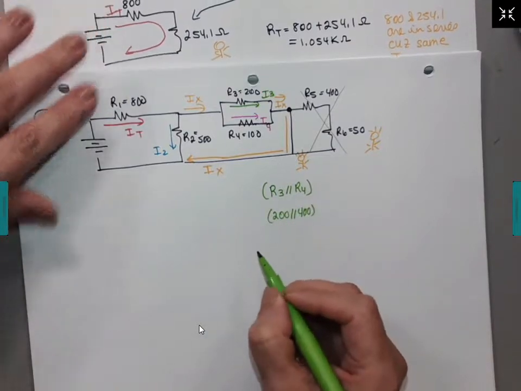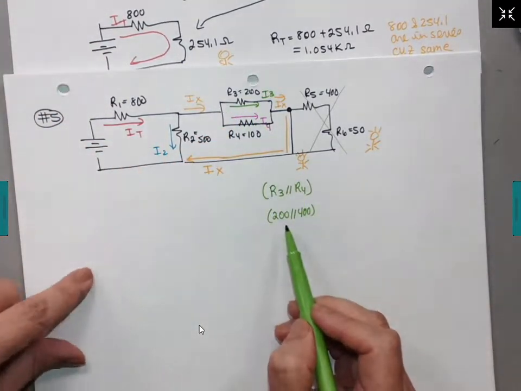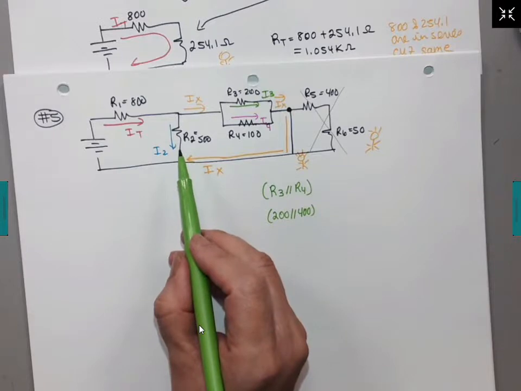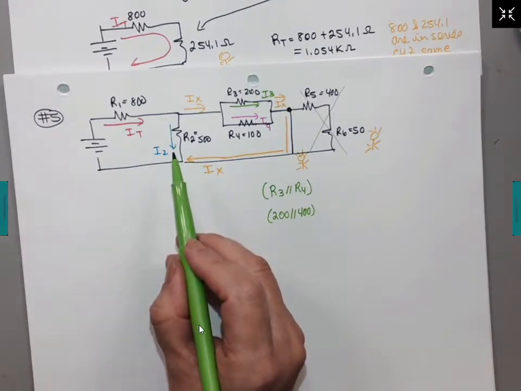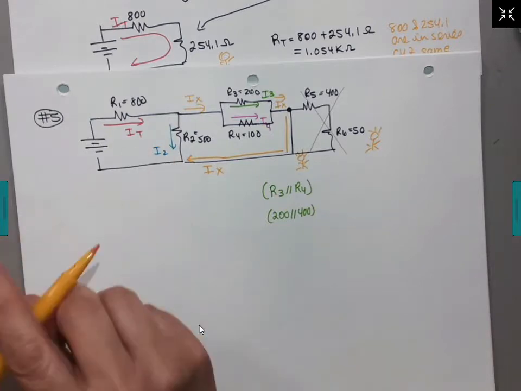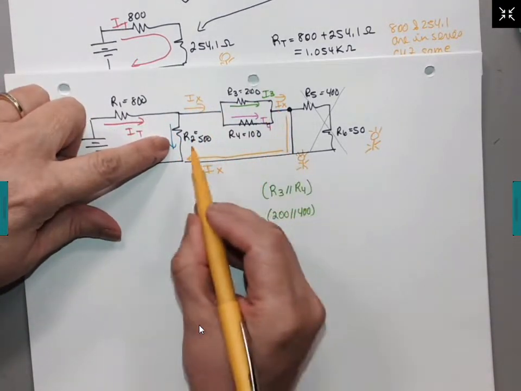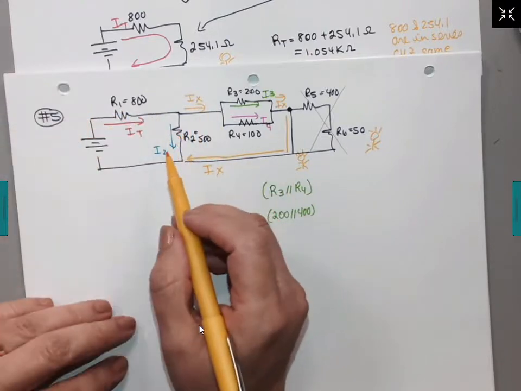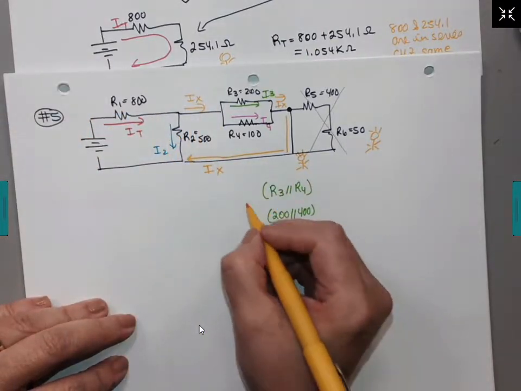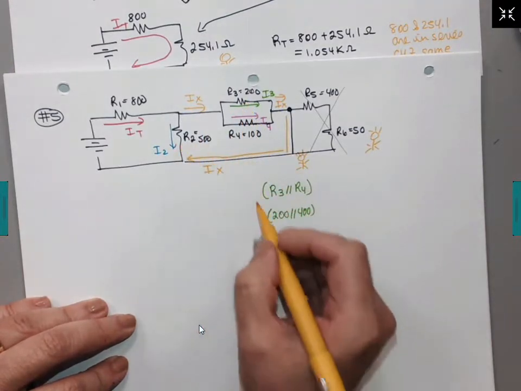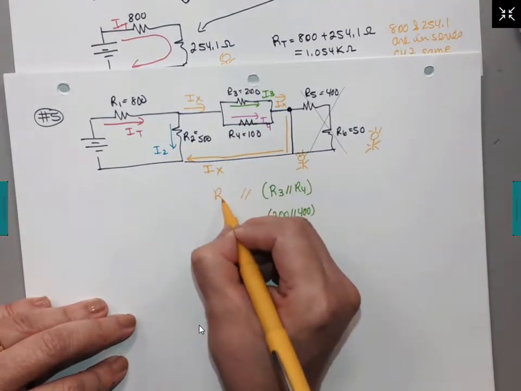Okay? And then once we get that number, what is that number in relationship with this R2? They are in, nope, parallel. So he's in parallel with R2 because there's I2, in parallel because they're different currents. So these two guys are in parallel, and then the result would be in parallel with R2.